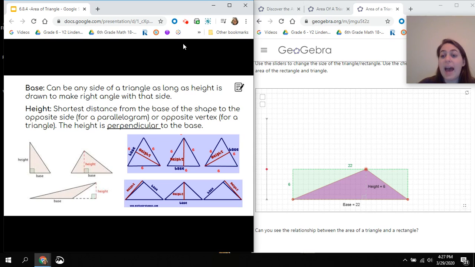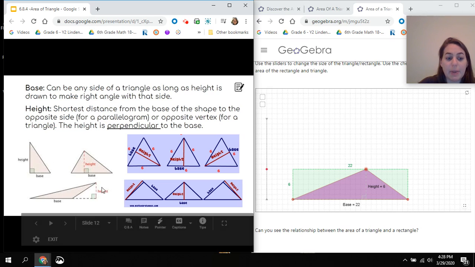A base can be any side of the triangle, as long as the height is drawn to make a right angle with that side that you've designated the base. The height is the shortest distance from the base of the shape to the opposite side, or opposite vertex if it's a triangle. The height is perpendicular to the base.